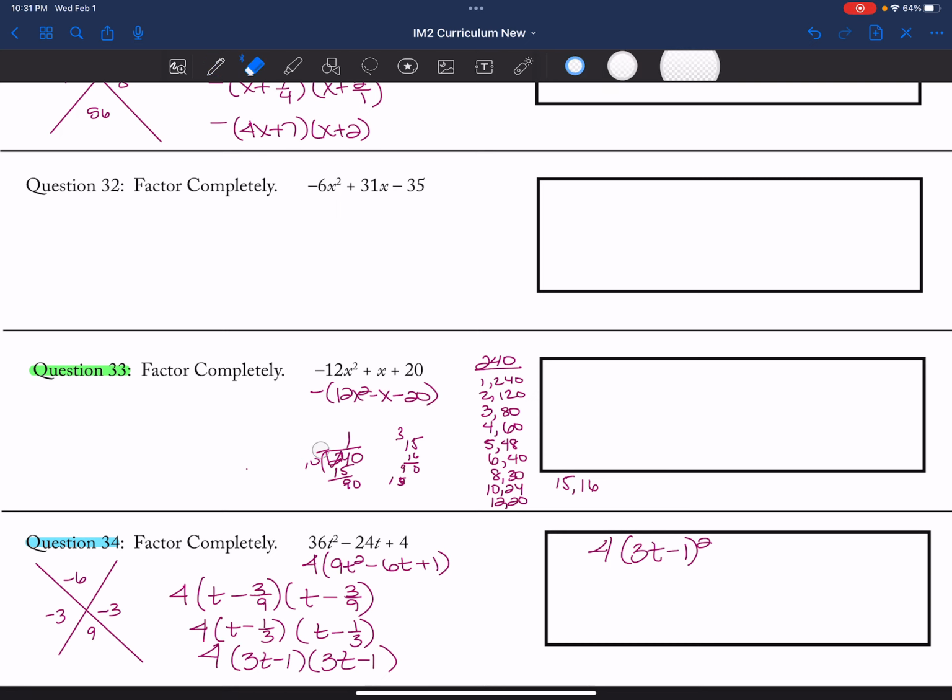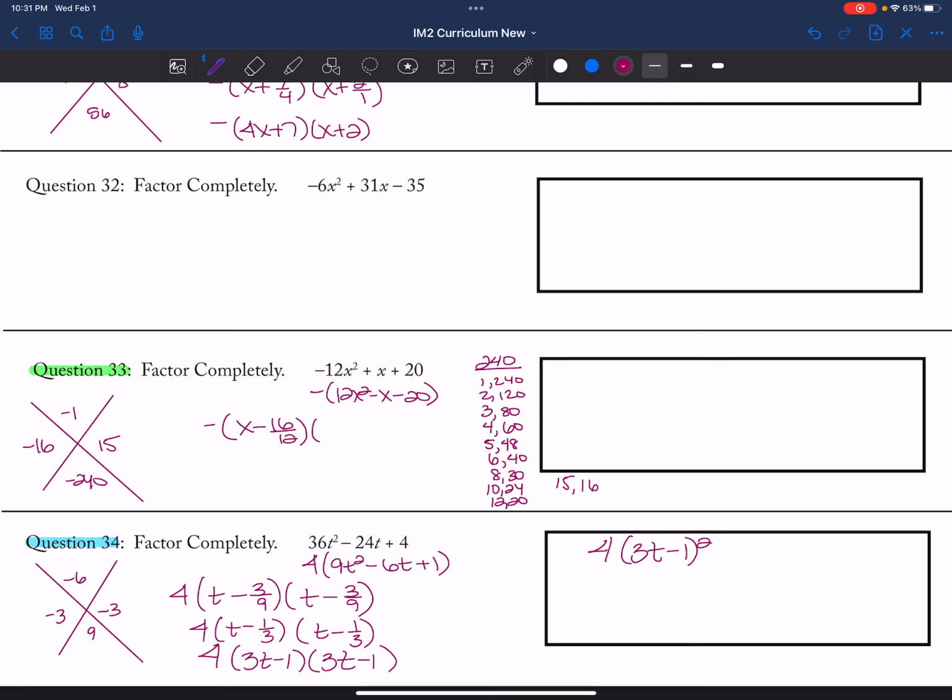Okay, sorry about that. That was really delayed. My arithmetic brain is going downwards right now. It is slowly deteriorating. Okay, then this is going to be negative 240. So that is going to give me a negative 16. Oh my gosh. Negative 16 and a positive 15. So I have a negative x minus 16 over 12 and an x plus 15 over 12.